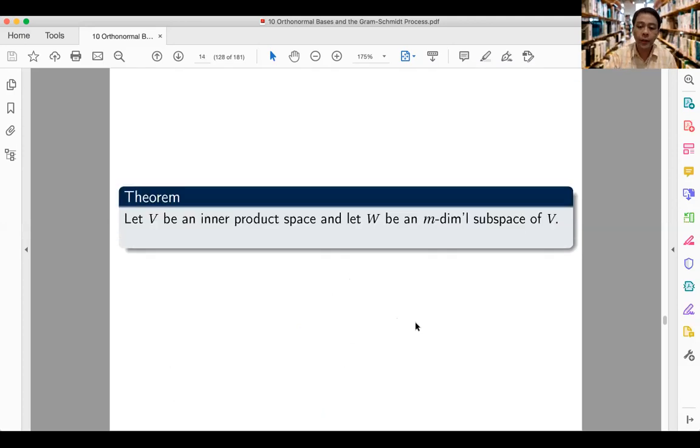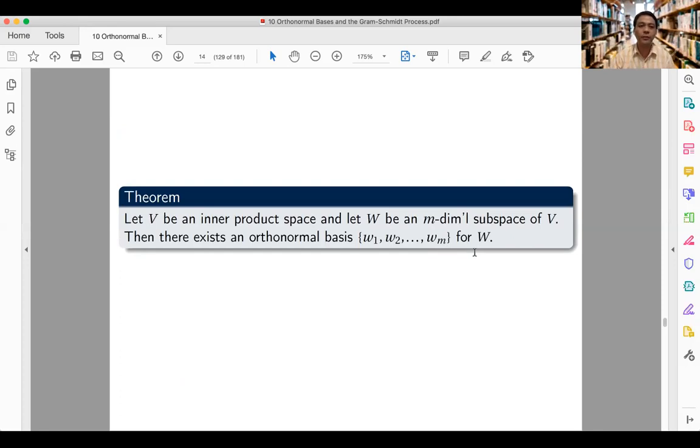But before that, we have this guarantee. Maganda yung before you buy something, may guarantee na binibigay sa atin. So suppose that we have an inner product space V, and let W be an m-dimensional subspace of V. Then there exists an orthonormal basis W1 up to W sub M, no? Kasi m-dimensional for W. So this is a very strong result.